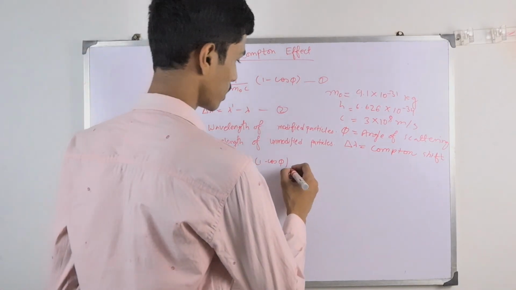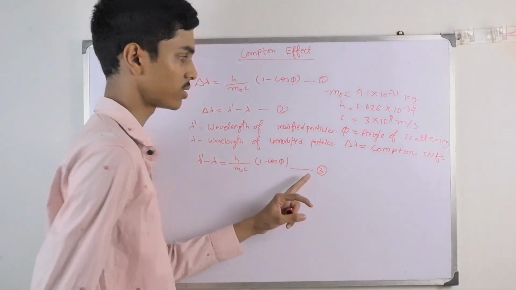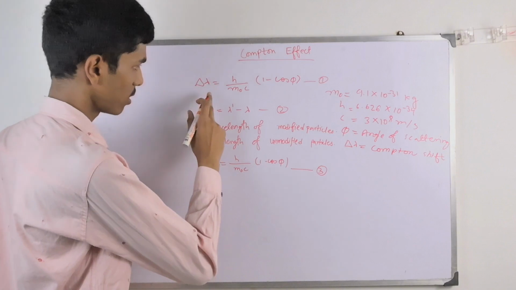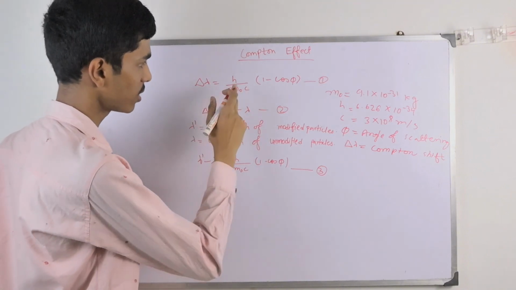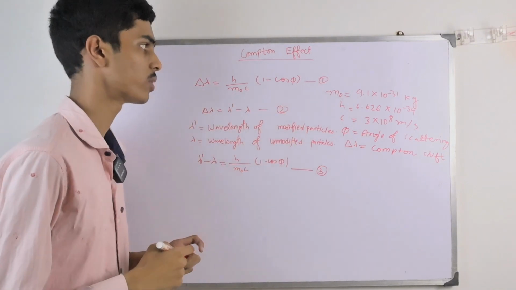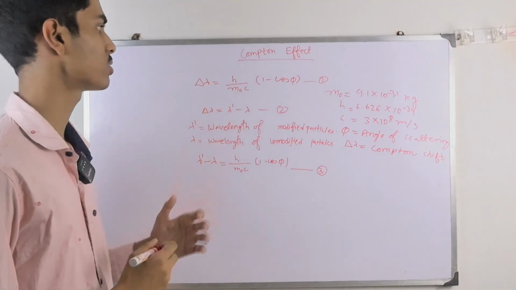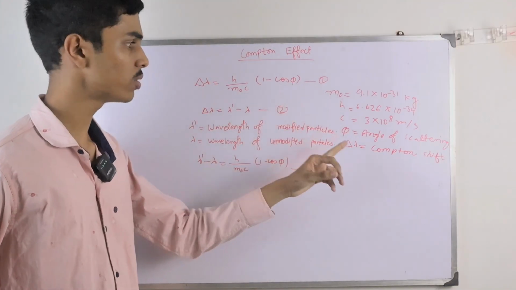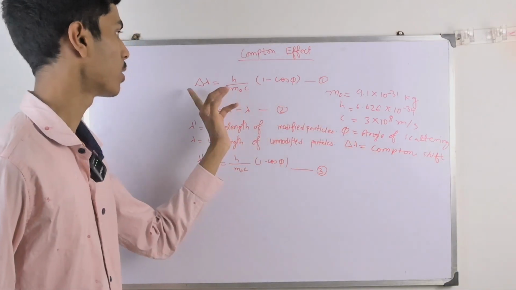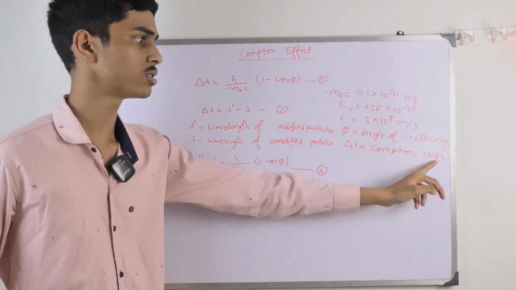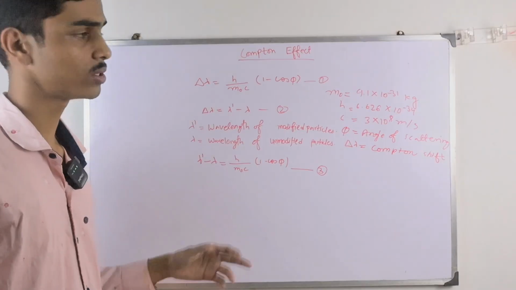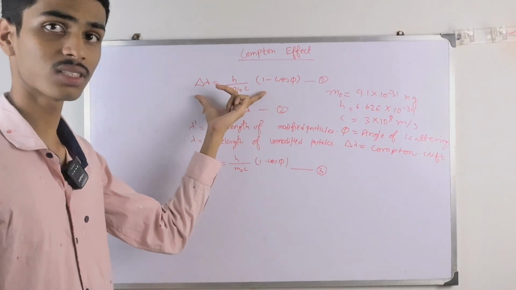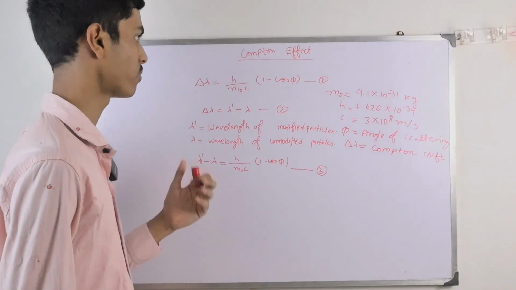Let us think about the equation del lambda equal h by m naught c into 1 minus cos phi. For what value of phi, the angle of scattering, will del lambda, the Compton shift, be maximum?